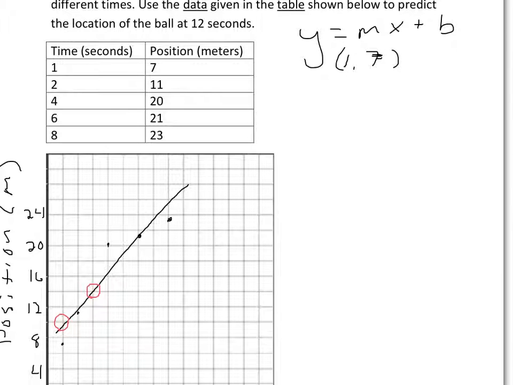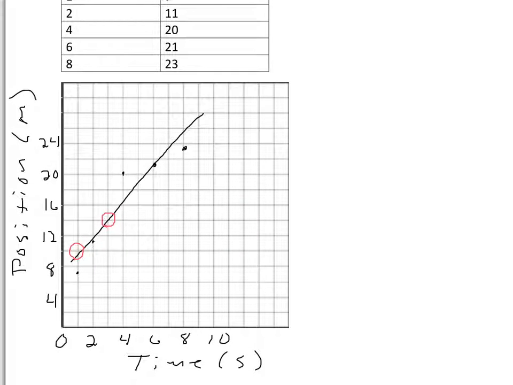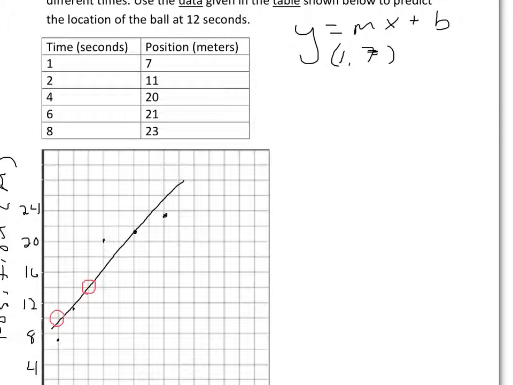And I also picked 3, 14. So you may recall, to find the equation of a line given 2 points, the first thing I have to do is find the slope and then go back and find the y-intercept.